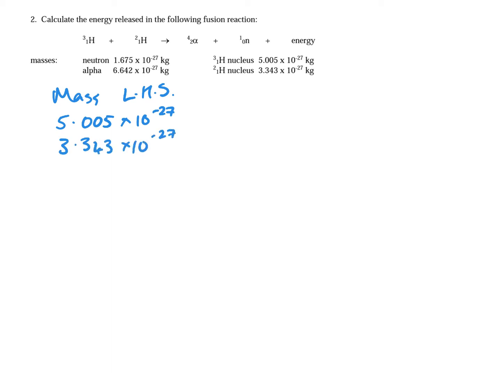We'll do another example here of a fusion reaction, but the calculations are exactly the same. So the mass of the left-hand side is the tritium, as it's called. It's actually an isotope of hydrogen. It's got a name of its own. And so is the other one. The hydrogen 2 is known as deuterium. Here's the total mass on the left-hand side.